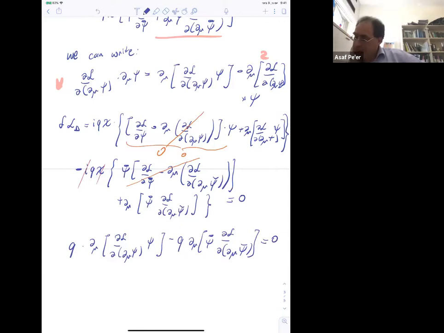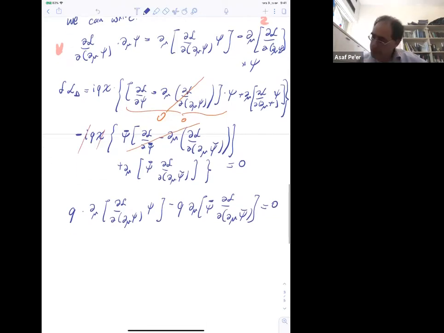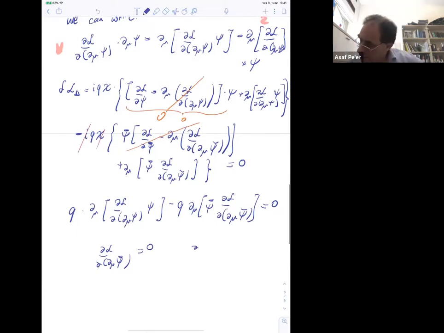Now it's time to substitute the derivatives, right? We know what the derivative is because we know the Lagrangian. From the Lagrangian, I actually wrote them down last week. So dL over d mu psi bar is just 0, right? The Dirac Lagrangian is independent of psi bar. And dL over d mu psi is just i psi bar gamma mu.